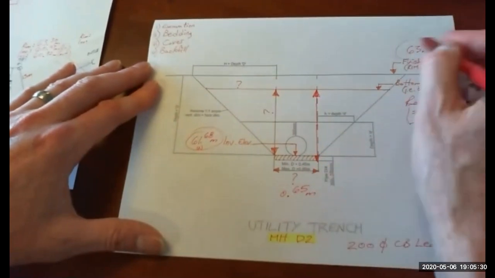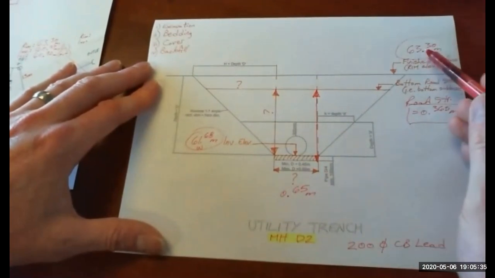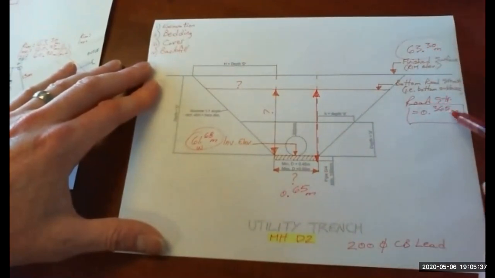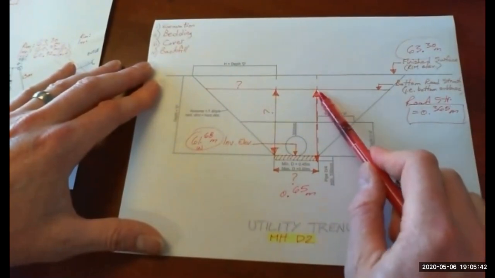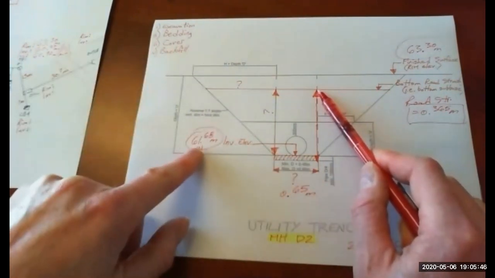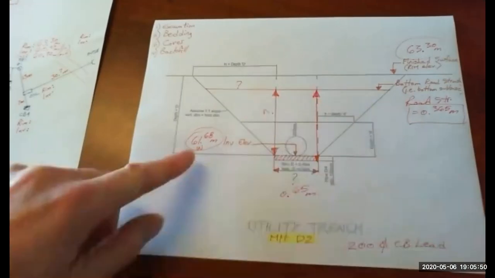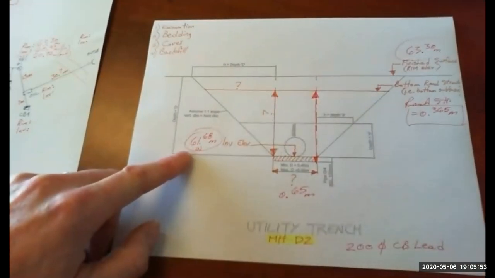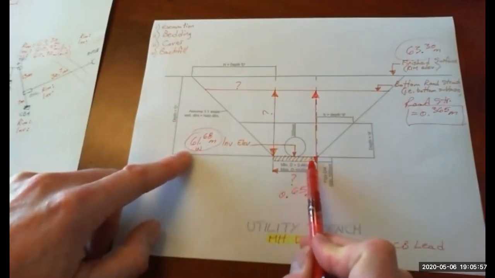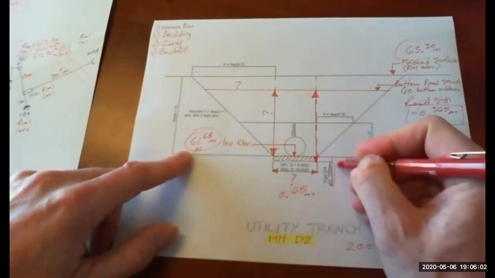So we start with the rim, 63.3. We deduct the road structure of 0.365, gets us to this elevation right here. And then we subtract the elevation of the invert of the pipe. That'll bring us down to this point. So that's 61.68. So that gets us to the top of the bedding layer. So then we need to add another, again, we're adding 100 millimeters.